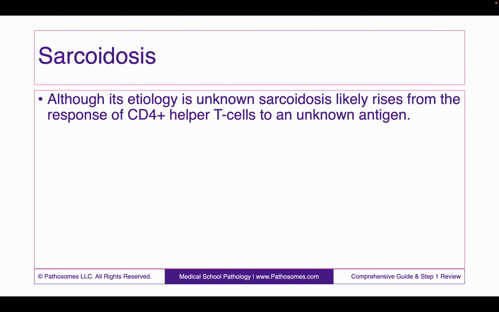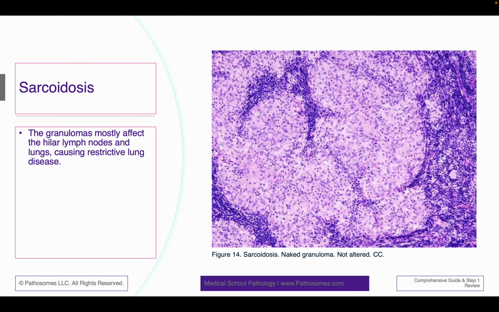Although the etiology of sarcoidosis is unknown, it likely arises from the response of CD4 positive helper T cells to an unknown antigen. And the granulomas of sarcoidosis are quite unique, right?